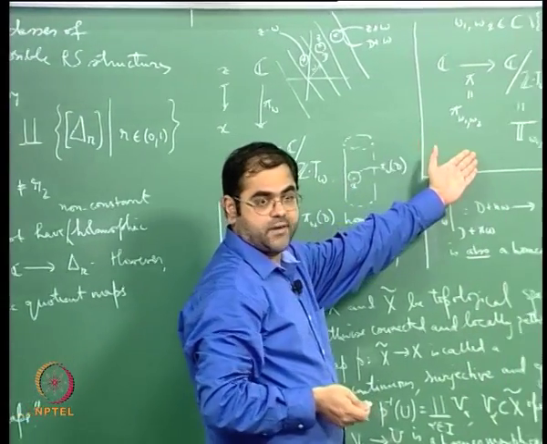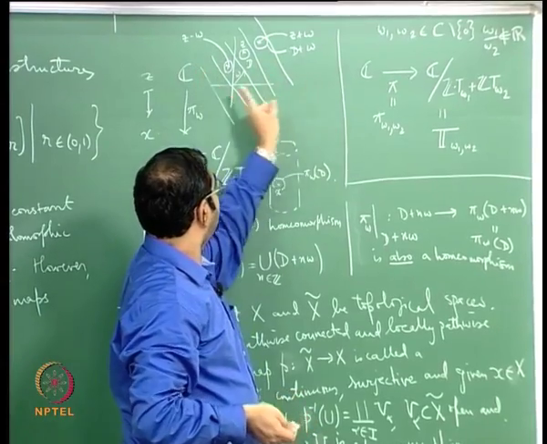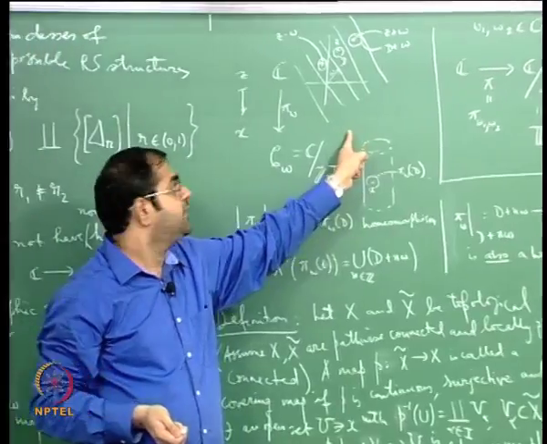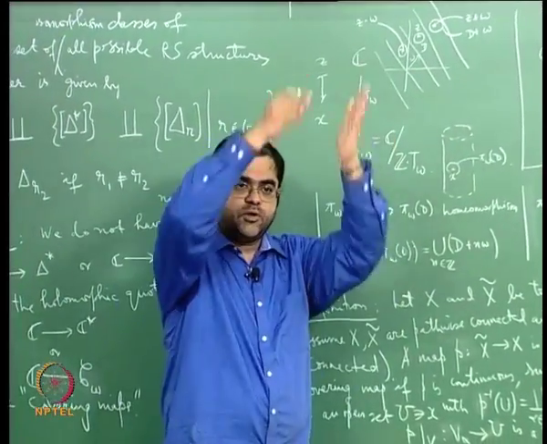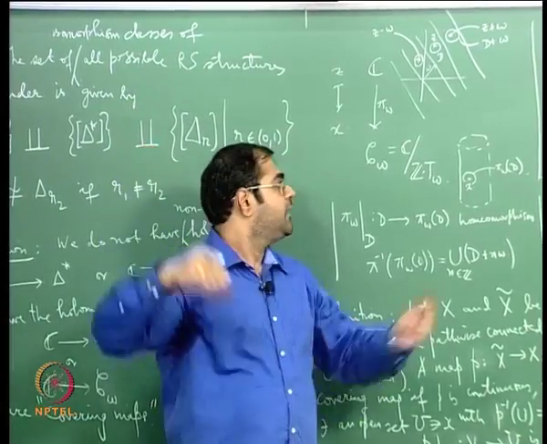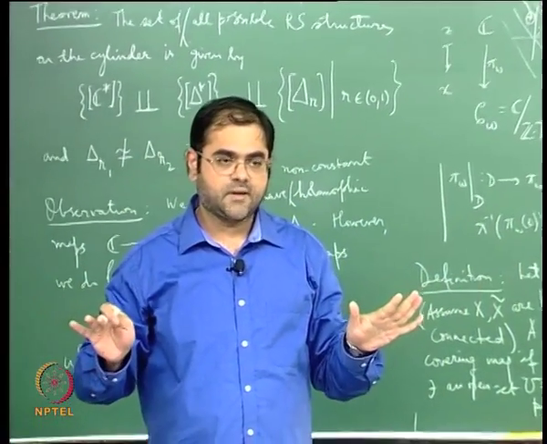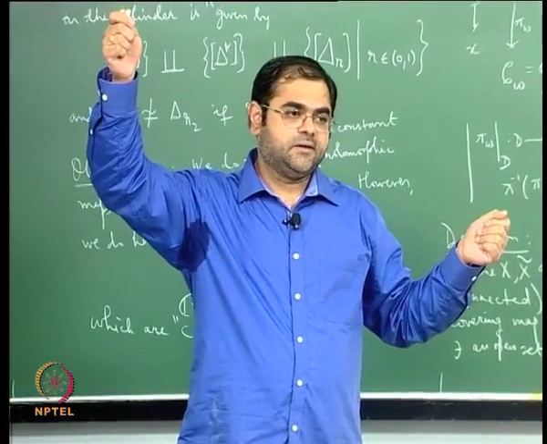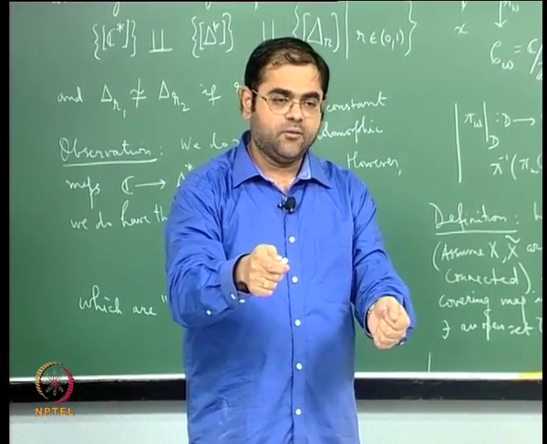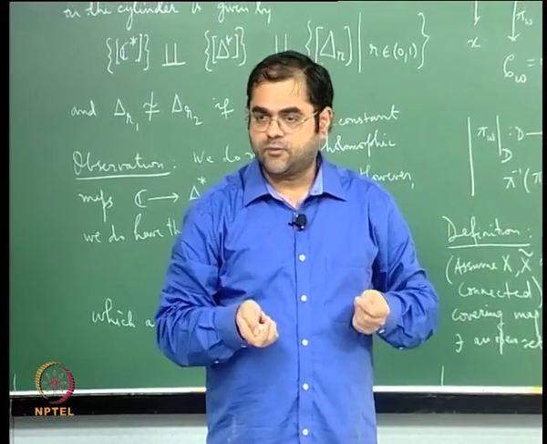In exactly the same way, the only thing is that in the cylinder case, the plane was divided into strips of infinite length, translations of a single strip. But here the plane will be divided into a grid of parallelograms, and essentially all these parallelograms can be identified to one parallelogram, and then the only thing you will have to do is identify the opposing edges of the parallelogram, and that will give you a torus.